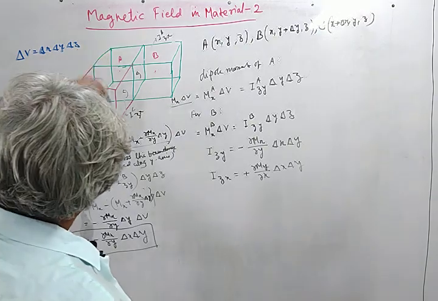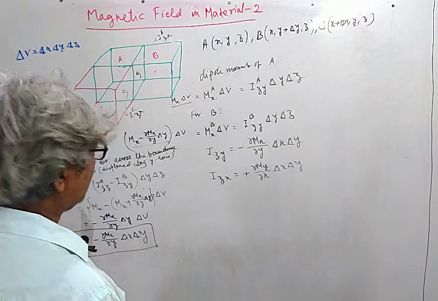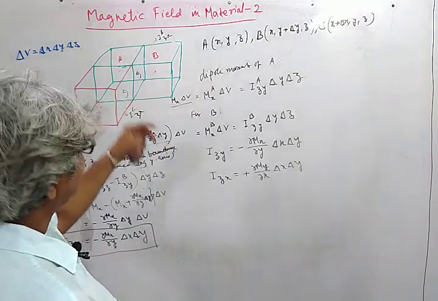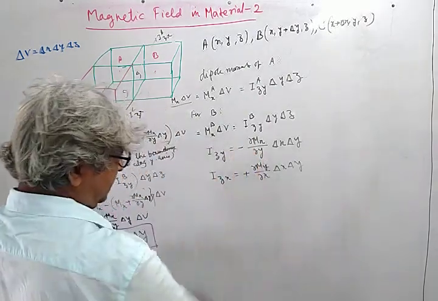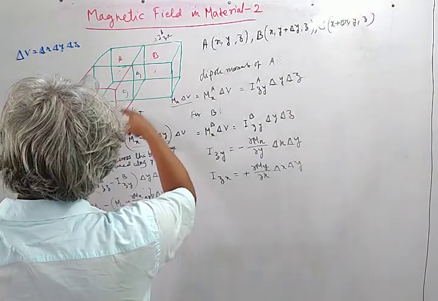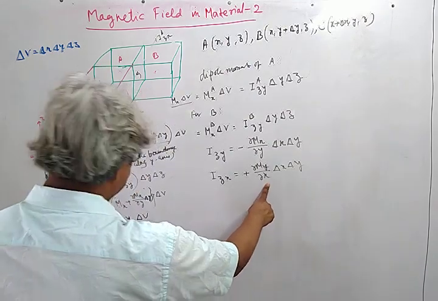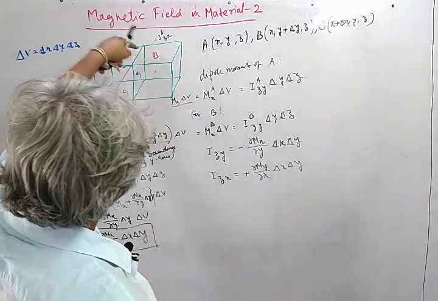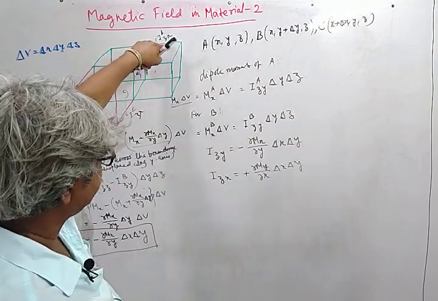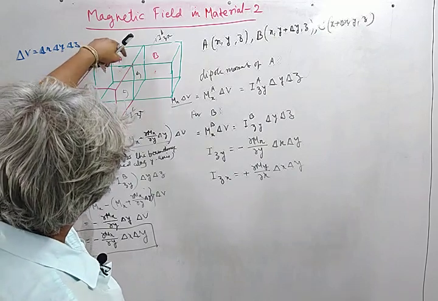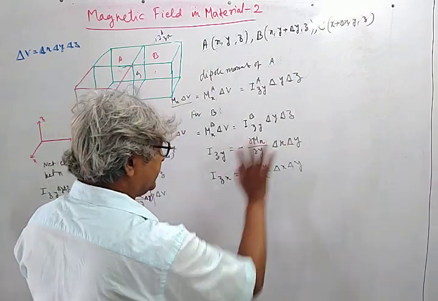Because this plane is the xz plane, the direction perpendicular to this is the y direction, so we are considering m_y, the y component of m. They are displaced along the x direction, so the derivative is taken with respect to x. In the earlier case the current was positive in this element and negative in this element, and in this case the current is negative in this element and positive in the second element, so there is a change of sign.